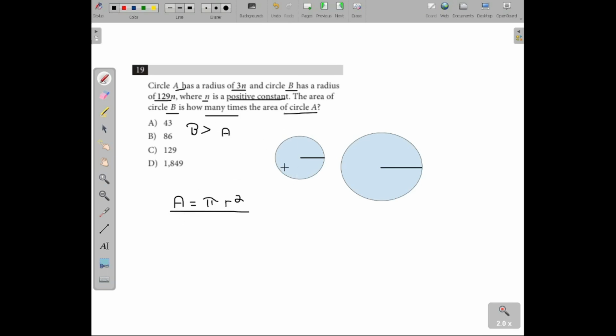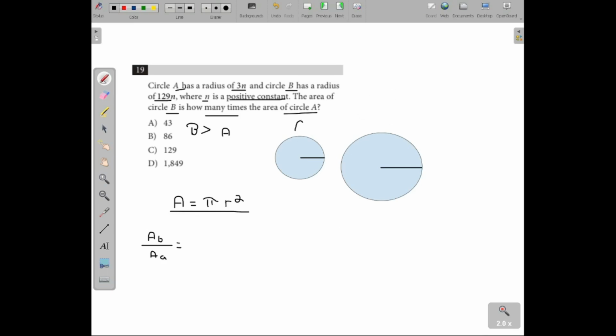We could find the area of each circle and then divide them like this. The area of B, since B is bigger, divided by the area of A. Let's do that.